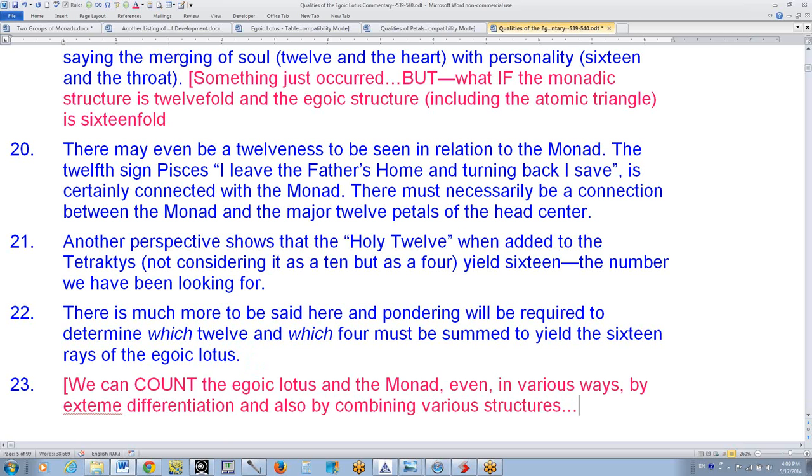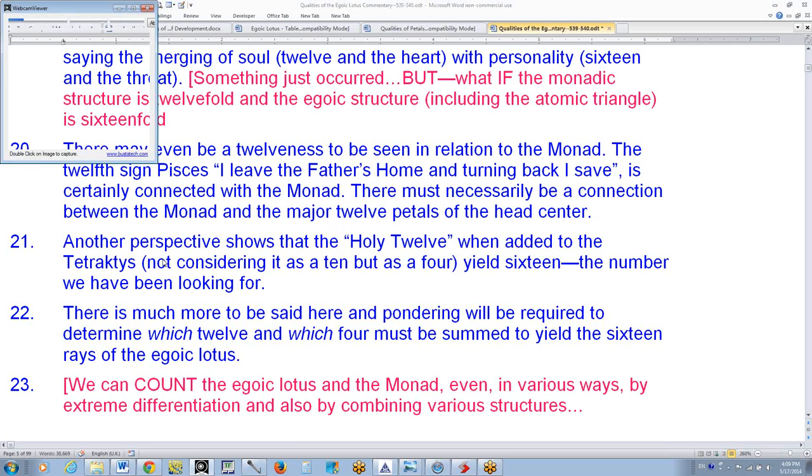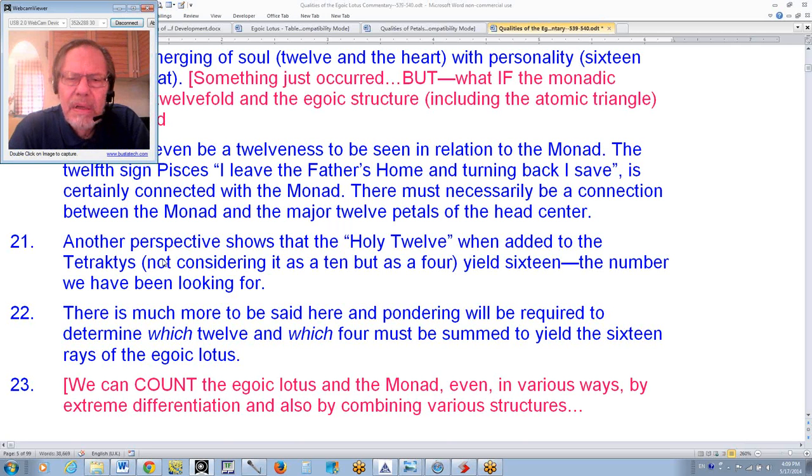As I said, every tier is really a 1, and yet it's a 3. So sometimes we may want to combine the structures as when we derived a 5 from the egoic lotus, the jewel, and each one 4 tiers of petals. And sometimes we may want to articulate them, the jewel and the 12. That would be a 13, plus 3 more in the atomic triangle is 16.